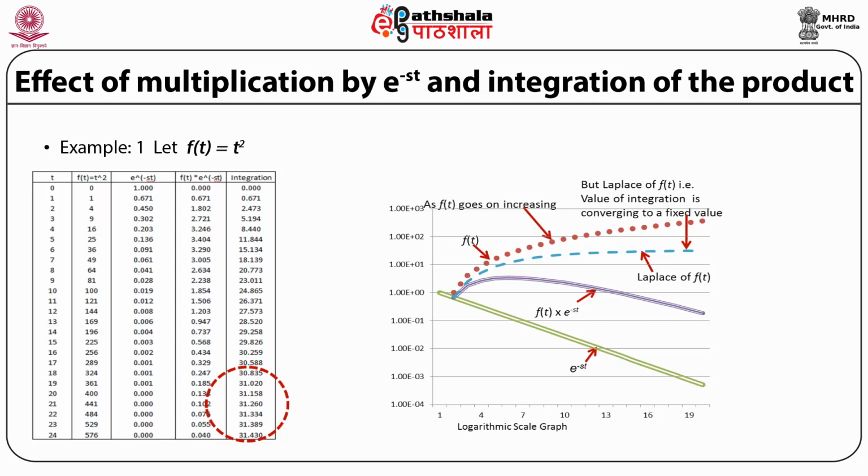It looks like a straight line in a logarithmic scale, but it may look like a decaying line in a normal scale. You can plot that e power minus st since you have that graph also. Now when you multiply with the function, f of t into e power minus st, you see the violet line. Then when you take the Laplace transform, you see it converges to a constant fixed value.